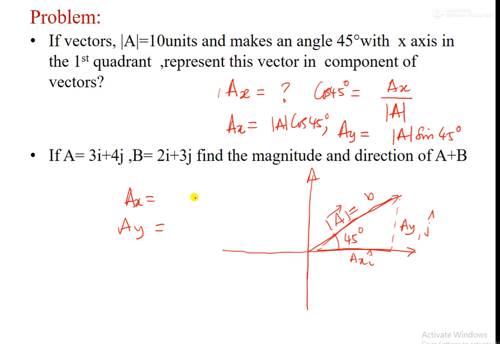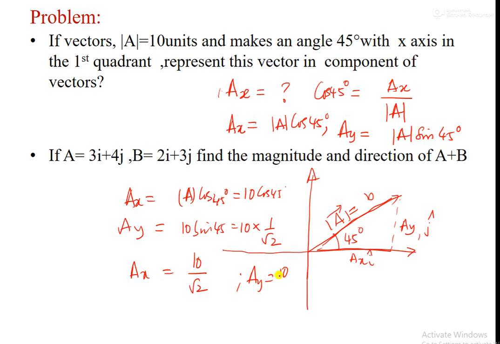So Ax is equal to what? A cos 45, that is 10 times cos 45, which is root 1 by 2, right? And Ay is 10 times sin 45, which is 10 times root 1 by 2. So Ax is equal to 10 by root 2 and Ay is equal to 10 by root 2.